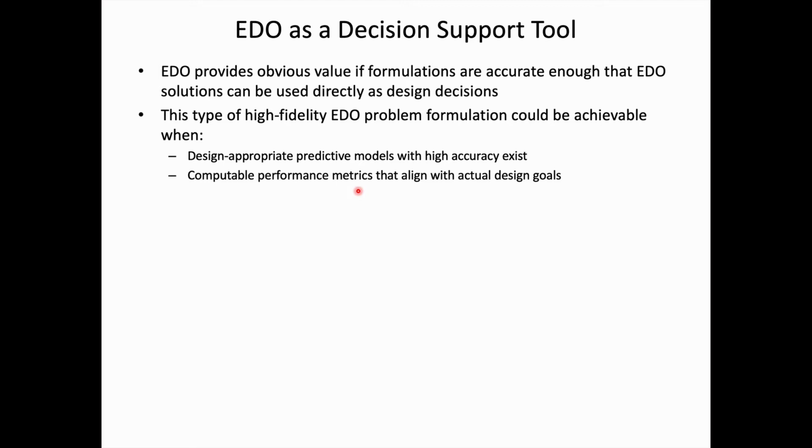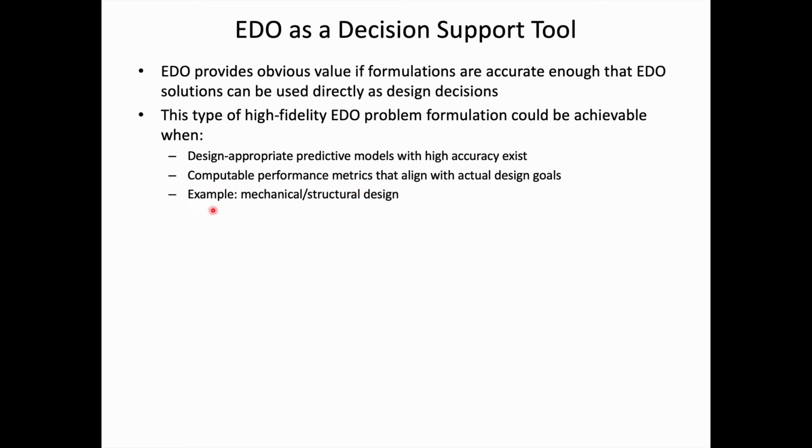But can we compute things that relate, say, to technical performance or cost that are going to feed in to profit? And if we can, then maybe it makes sense to use engineering design optimization as a strategy to help to support our design decisions. And of course, the profit example is just one of many utility functions that we could be thinking about, depending on the stakeholders, depending on the goals of our design.